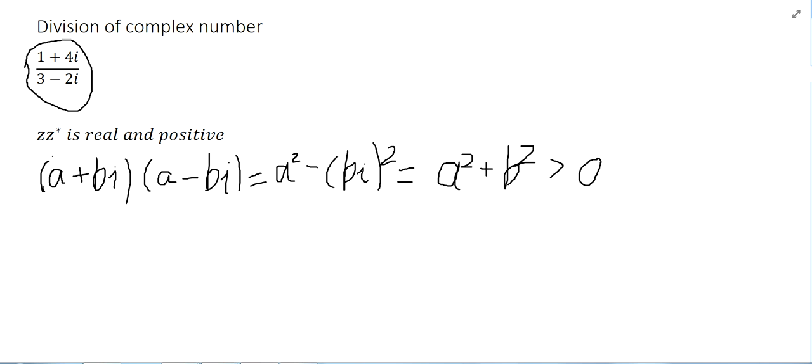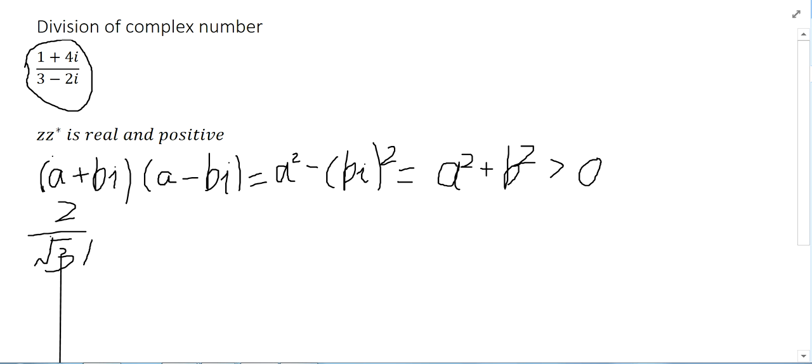That's really important because of an analogy: when we try to divide a rational number by an irrational number, for example 2 divided by root 3, we try to turn the denominator into a rational number.